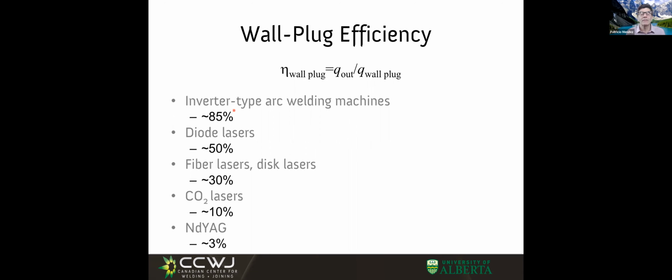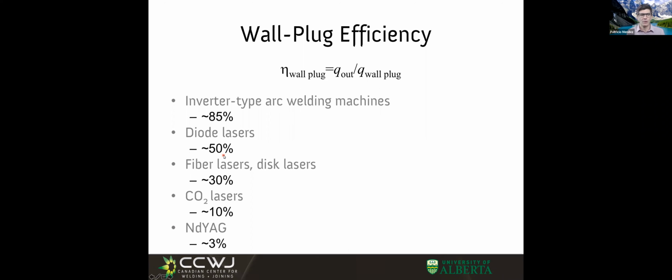In the case of lasers, the efficiency is lower. Lasers are notoriously inefficient. Diode lasers are about 50% efficient, and these are very efficient. Fiber, disc, and other solid-state lasers, 30%. CO2 lasers, 10%. To give you an idea, in our lab right now we have a 9 kilowatt diode laser.